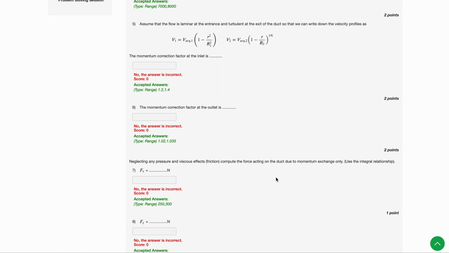Here the control volume has no velocity with respect to the flow, that means the relative velocity between the control volume and the fluid is zero, like it's a stationary control volume.